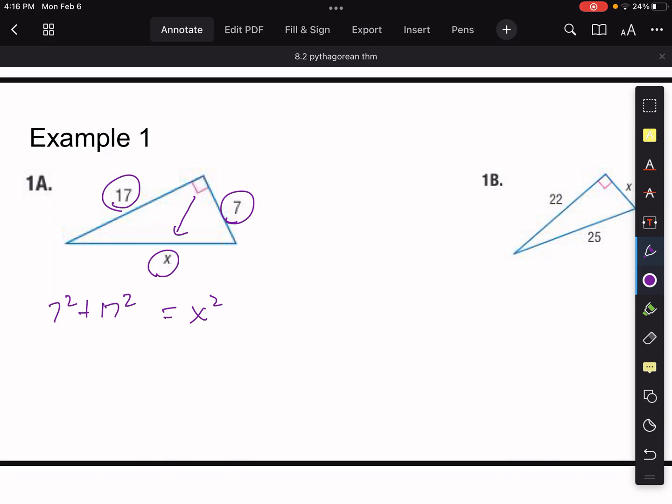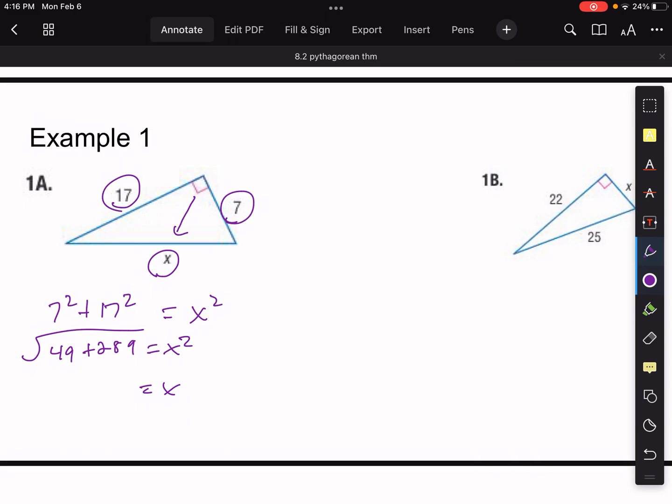And you probably don't have a lot of these squares memorized. That's okay. You should know 7 squared is 49. 17 squared is 289. Okay, so then x is equal to the square root of that sum. So if you add those things together, you get 338.